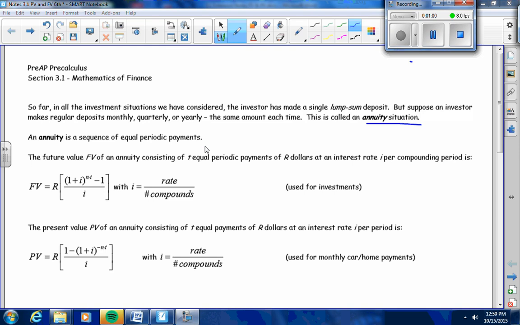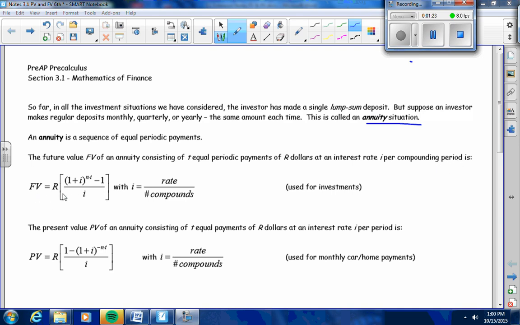There are two formulas that we're looking at. The first one is called future value, FV. The future value of an annuity consists of T equal periodic payments of R dollars at an interest rate divided by the compounding period. This is the formula.